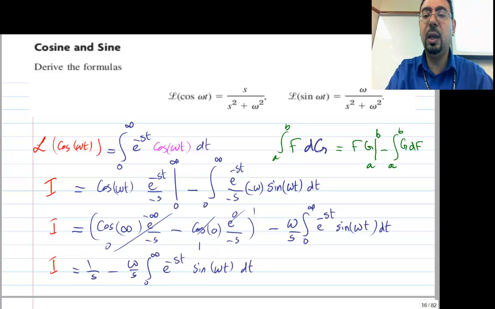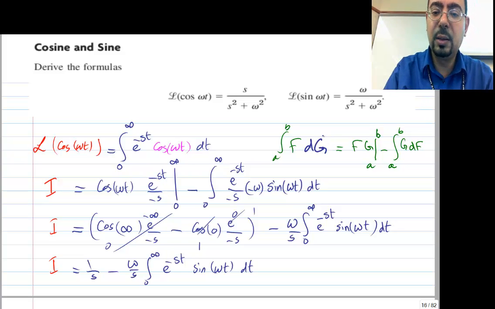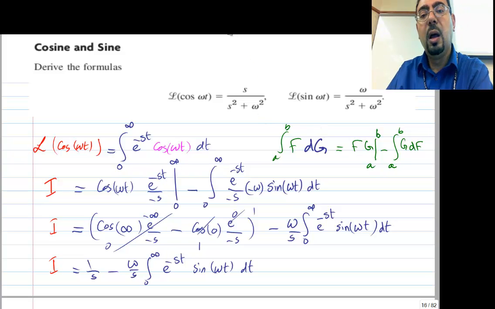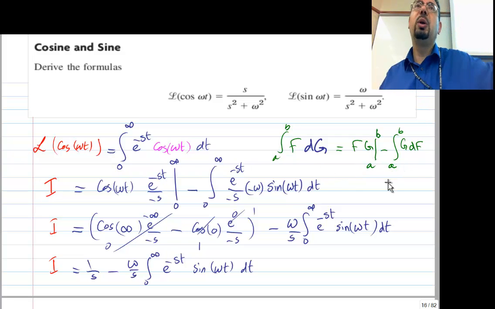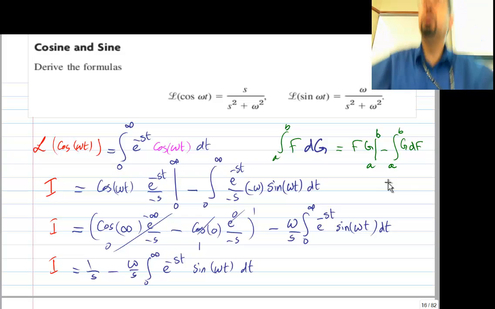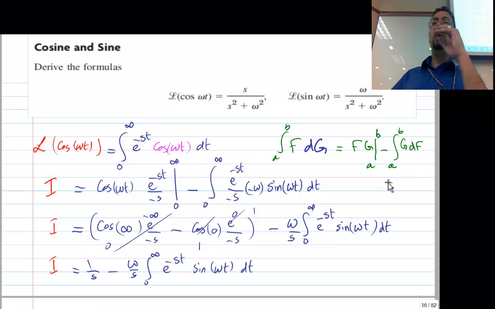Or basically I can integrate this one and then differentiate the second one. And the limits a and b apply to all of them. You remember that part? That was my favorite when I was a freshman. That's my freshman math course basically.